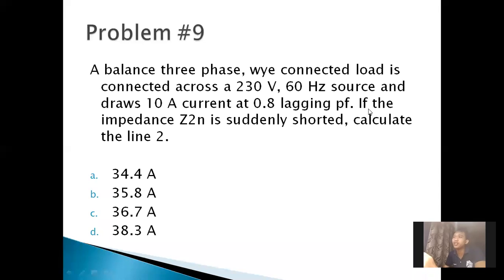For the follow-up question, if the impedance Z2N is suddenly shorted, calculate the line 2. But in this portion, we will answer this later on. We will just focus here on the balanced three-phase.